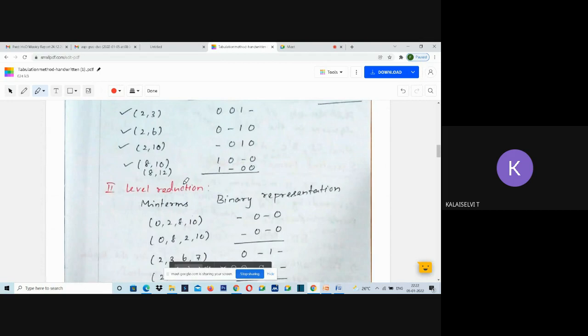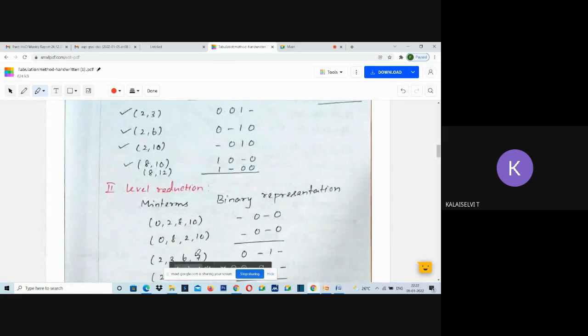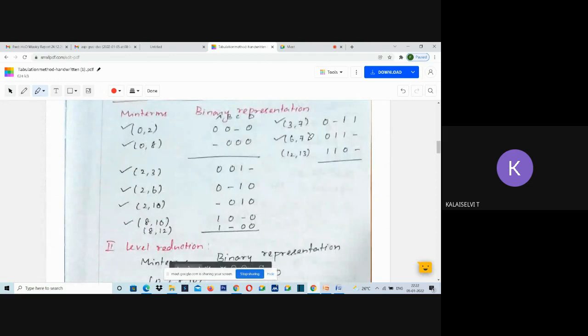Similarly for 2 3 6 7, 2 3 is marked here and 6 7 is marked here. And for another combination 2 6 3 7, 2 6 is marked, and 3 7 is marked here. So why are we marking these with tick marks?